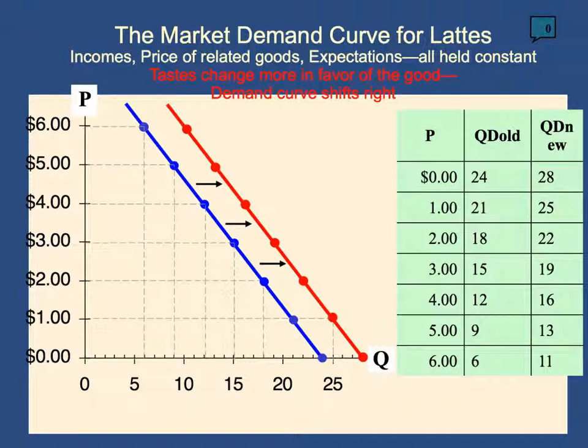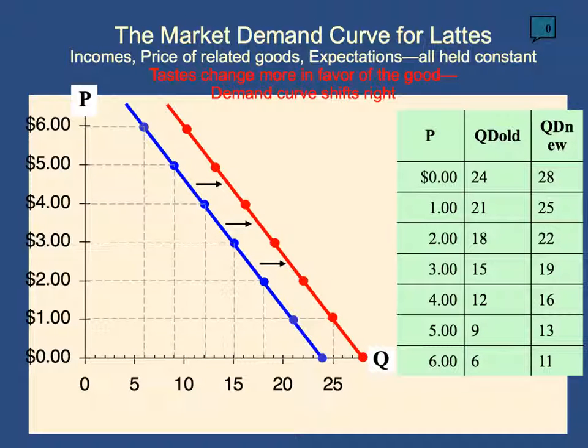That's because individuals are going to demand more at every single price level. So as a result, the market is going to demand more quantity at every price level. It's actually going to change the whole demand schedule, and it's going to make the demand curve shift to the right or shift to the left.